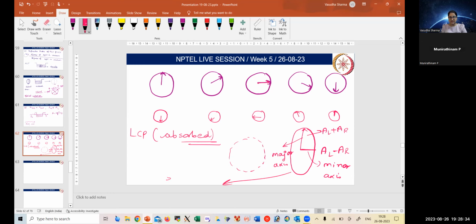And this is actually an ellipse. Ma'am, here AL means? AL is your absorbance of the LCP, the left circularly polarized light. We are considering the condition where LCP has been absorbed and not the RCP. That is just a hypothetical situation. You can take the reverse also, and depending upon that, your signs and values will be different.